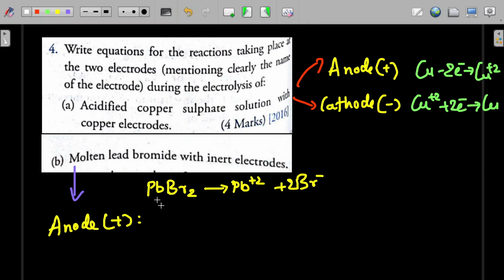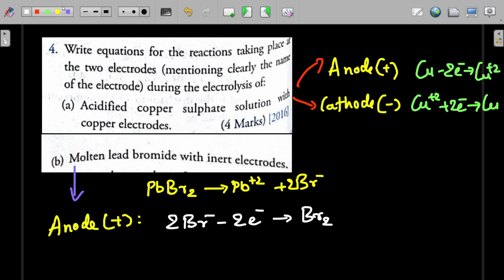Right? Two bromide ions you take. One bromide ion can lose one electron, two can lose two electrons. And it will form what? Br2. Yes. See, always the neutral substance you will get after the reaction. That's why it is called discharge. What is the meaning of discharge? Whatever charge is there, that has been removed.